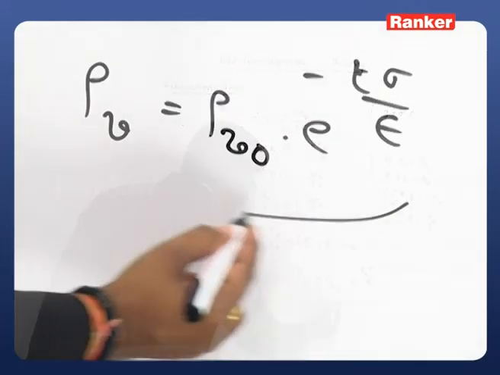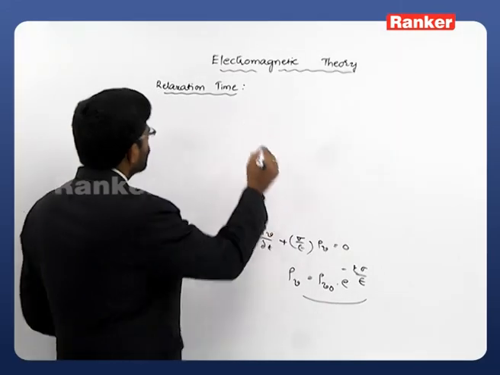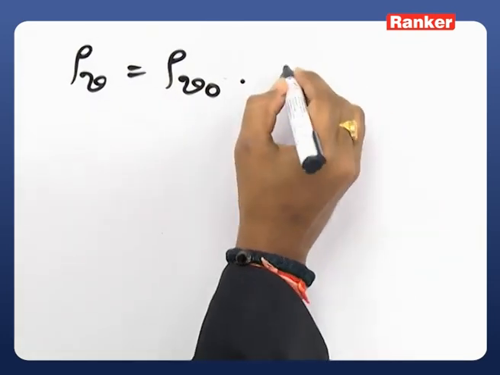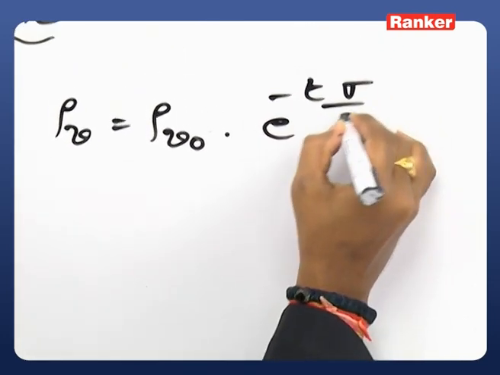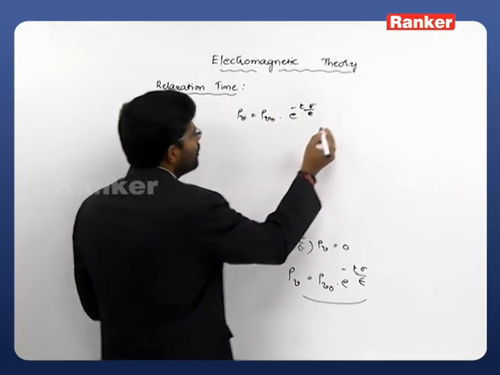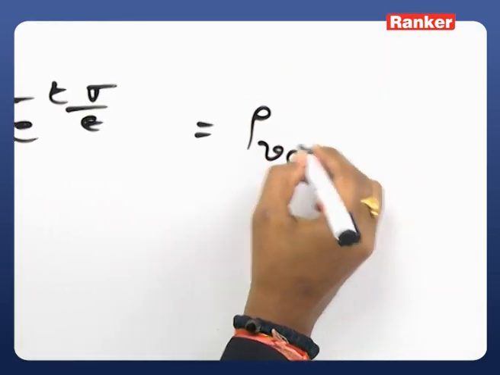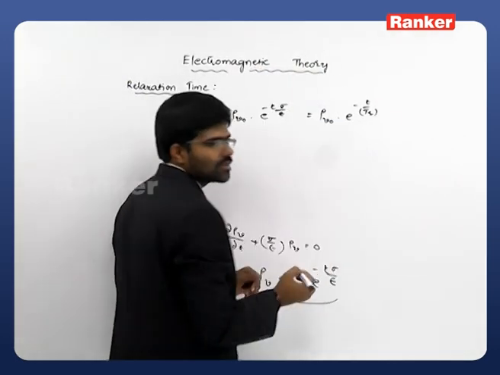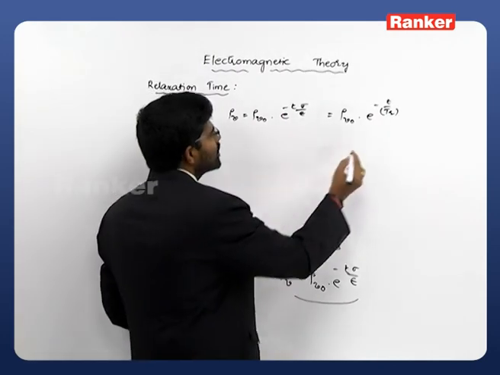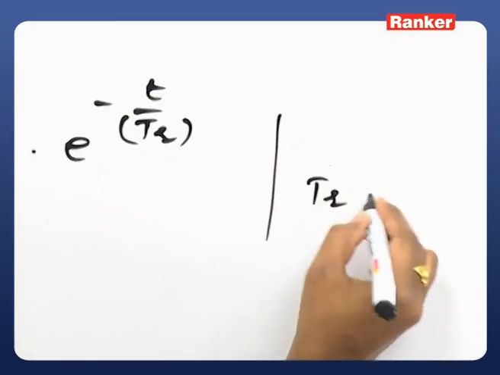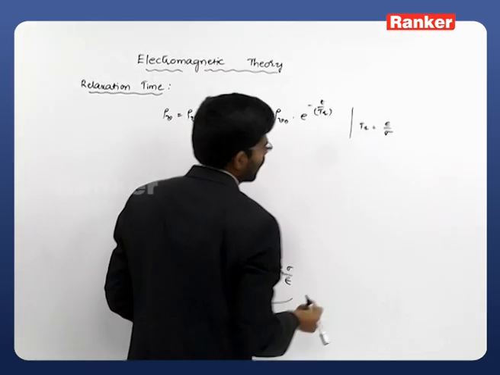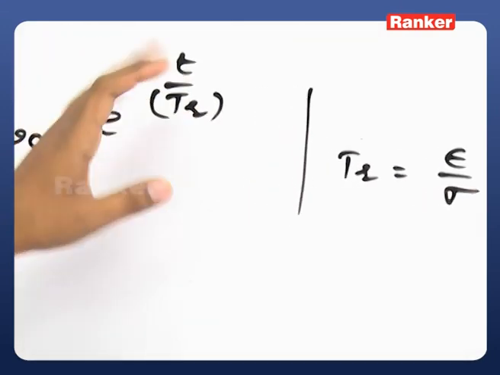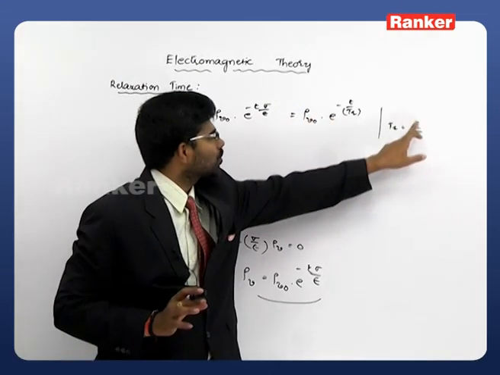Consider this equation, ρv is equal to ρv0 e power minus tσ/ε. Let me rearrange and write this as ρv0 e power minus t/tr. Simply by observation, tr is equal to ε/σ. For now, don't take any name for this, just call it tr.